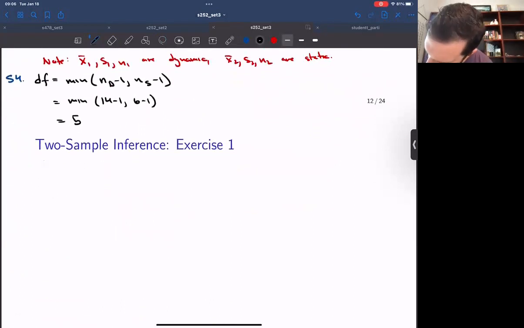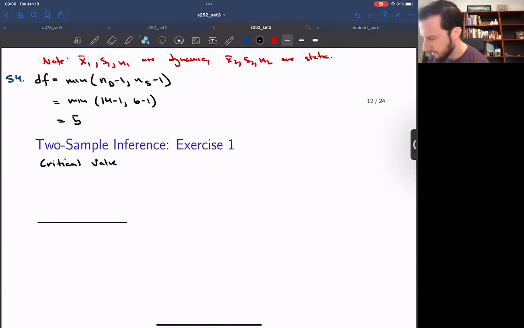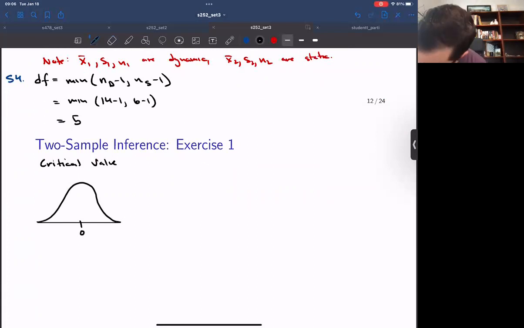All right, so if we take our critical value approach, okay, we're centered at 0. So we're going to have a t value on alpha over 2 comma degree of freedom. And then we'll have the negative of the same value. So this is going to be a t on 0.025 and 5.